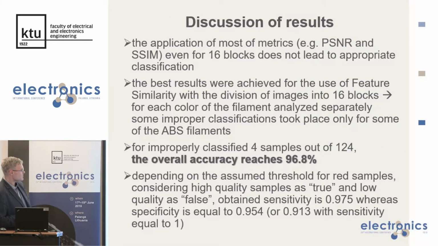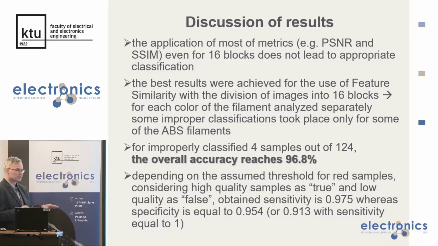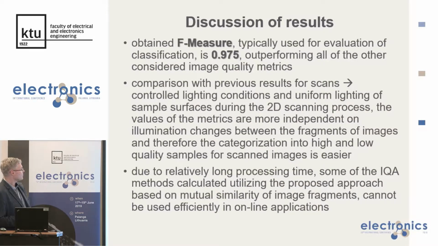After calculations we can observe that the overall accuracy is about 97%. Maybe 6 samples are incorrectly classified, but the disadvantage is that we have to know the color of the filament, because without this knowledge, we wouldn't know how to set the threshold. So this method is good, but dependent on color.